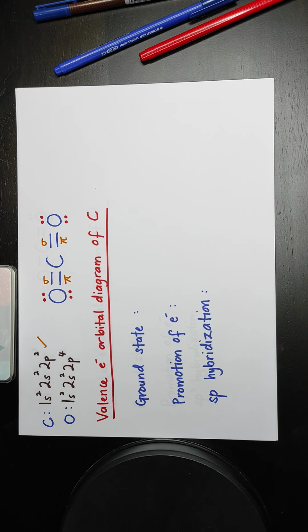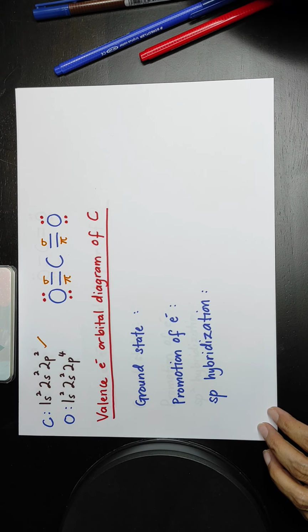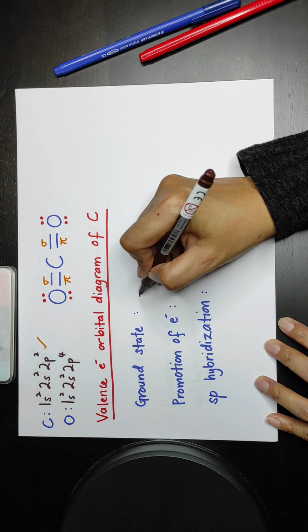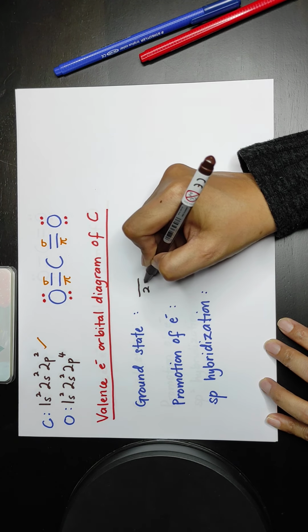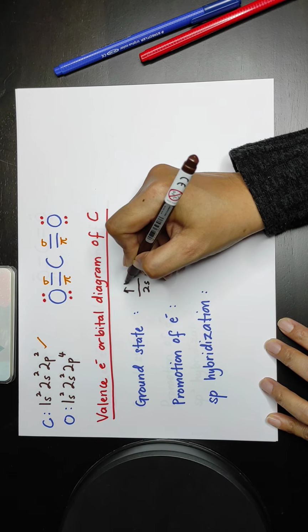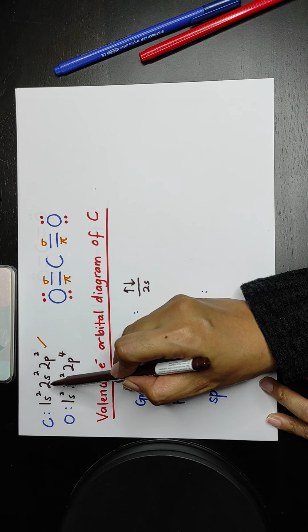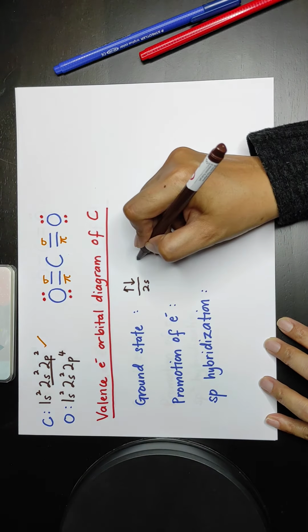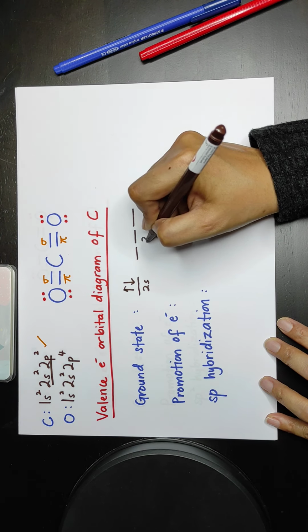Okay, so the ground state of carbon atom: 2s2, because we have to refer to the valence electrons of carbon, and 2p2.